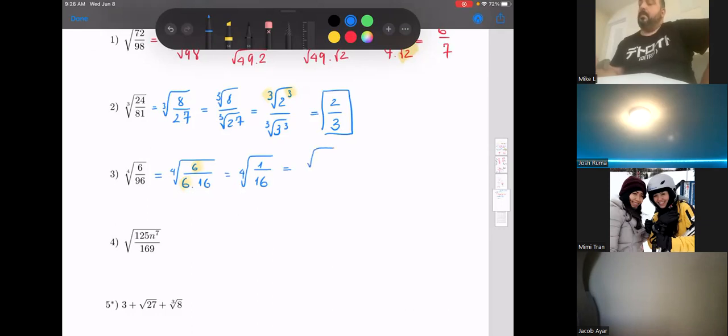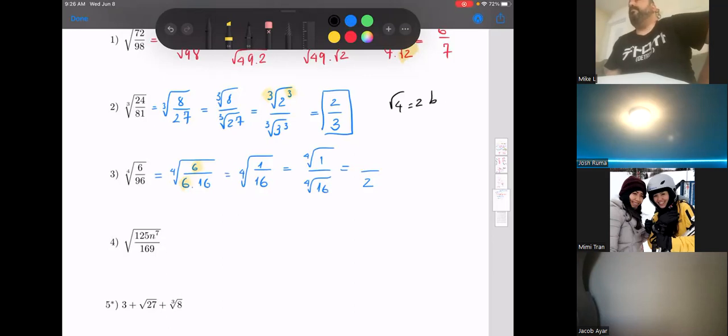And then you can break it apart using the quotient rule: fourth root of 1 over fourth root of 16. Well, the fourth root of 16 is 2, right? Because 2 to the 4th. So 2. What's the fourth root of 1? Square root of 4 is 2 because 2 times 2 is 4. Square root of 9 is 3 because 3 times 3 is 9. So square root of 1 is 1 because 1 times 1 is 1. What's the fourth root of 1?